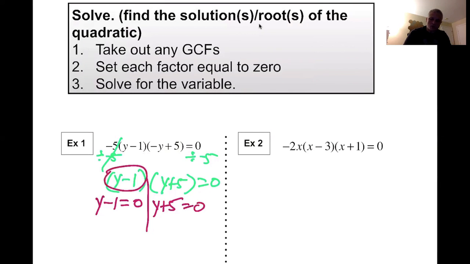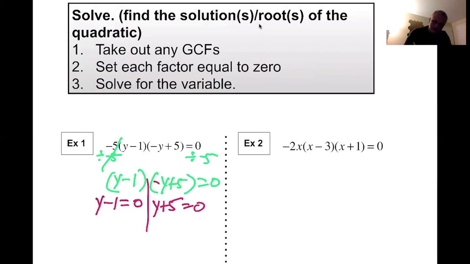If y minus 1 is 0, then -5 times 0 is going to give you 0. If -y plus 5 is 0, then obviously -5 times something times 0 is still going to give you 0. It's a good solution.